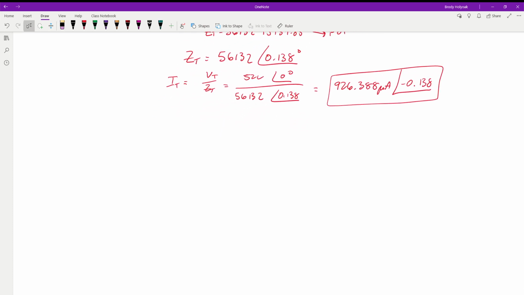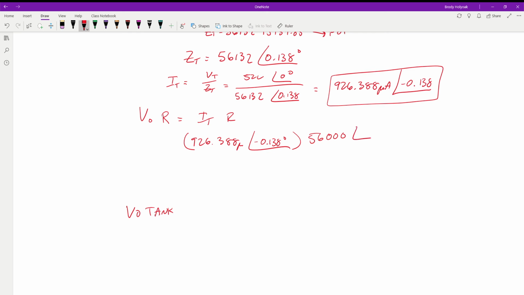Now the last thing we need to do is look at the voltage drop across our resistor, and we want to find the voltage out across the tank. So I total times our resistor value. We have the 926.388 micro at an angle of negative 0.138, multiplied by our 56,000 ohms, which is at an angle of 0.